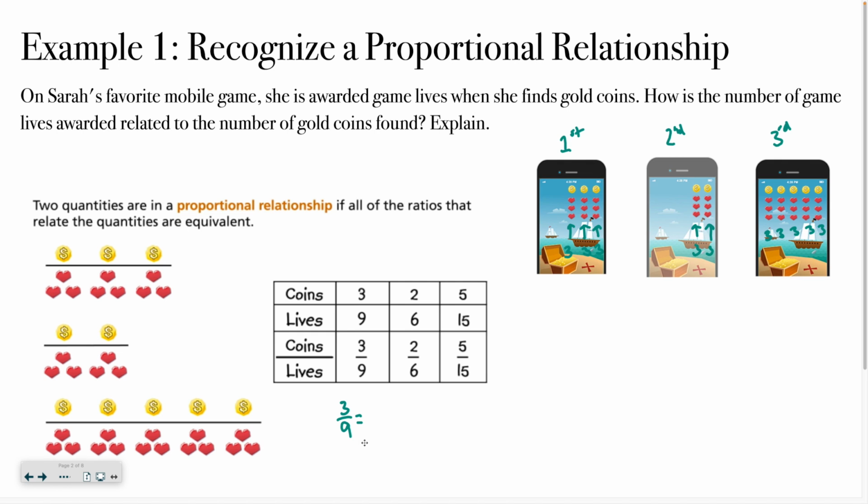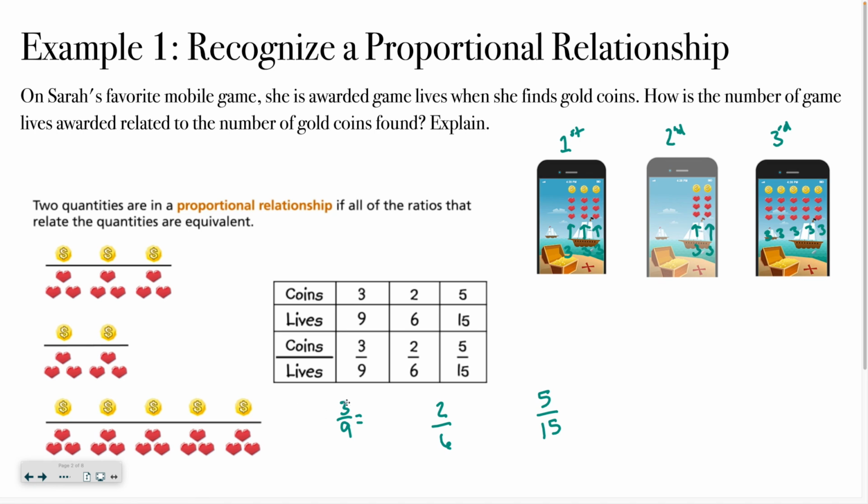Here is where you can tell if things are going to be equivalent. I'm giving you a little preview of our next example too. Because this is proportional, it's always going to be 3 lives for every coin.